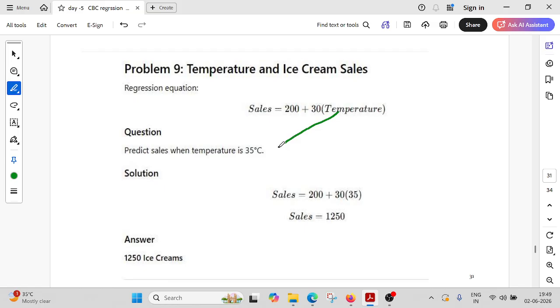Predict the sales when the temperature is 35 degrees. Now it is 40, 42, in Hyderabad even 43 was reached. Whatever the temperature, we substitute it here. If the temperature increases, the y value also increases. The answer is 1250 ice creams sold.